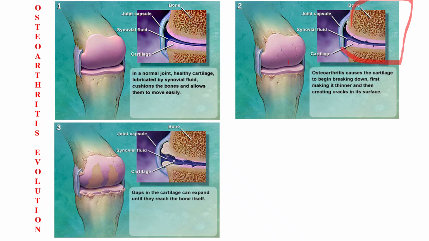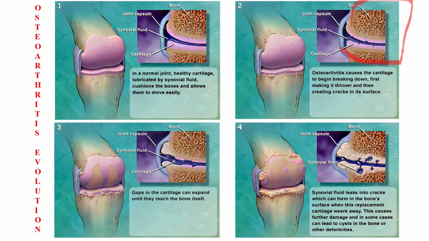There is more deepening of the cracks and development of microcyst formation. Cyst formation is due to whole thickness loss of the articular cartilage and subsequent accumulation of the synovial fluid within these cracks, and these cysts deepen. The joint capsule is affected lately in osteoarthritis.